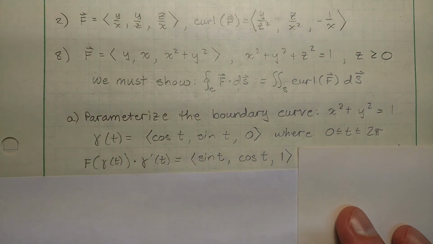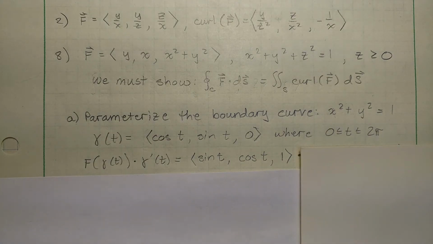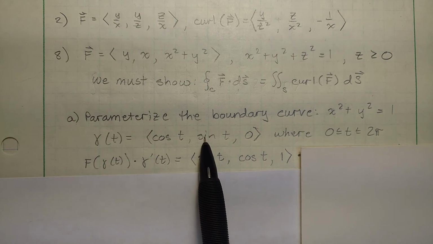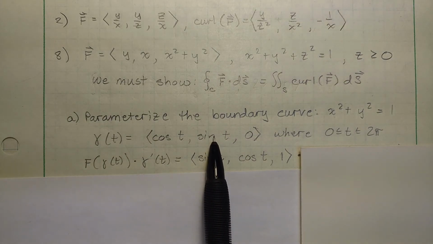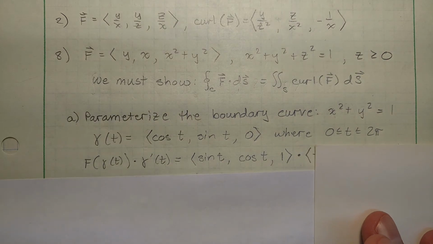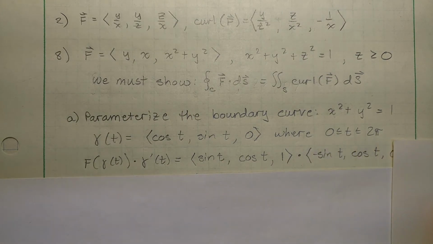And then we've got our derivative here of our parameterization. So we're going to take the derivative of this expression right here, dotted with our derivative. So now we're going to do our dot product.